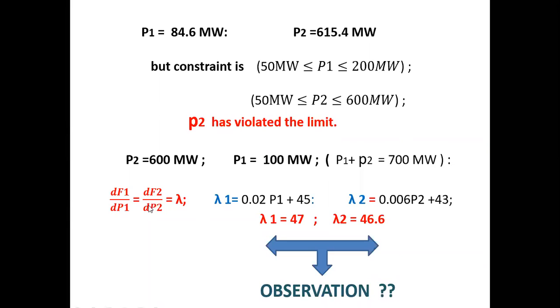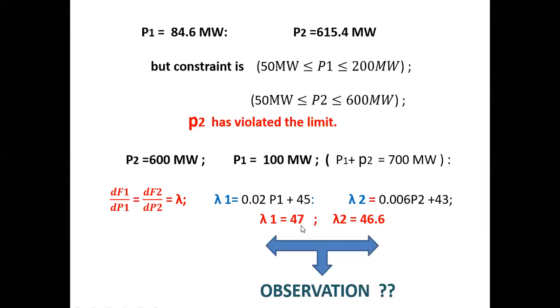Ideally, these lambda values must be the same. But practically, in this case, the lambda values are not the same. So that's why we are not operating P1 and P2 exactly at the most economical conditions.